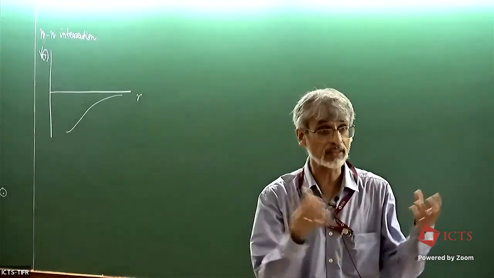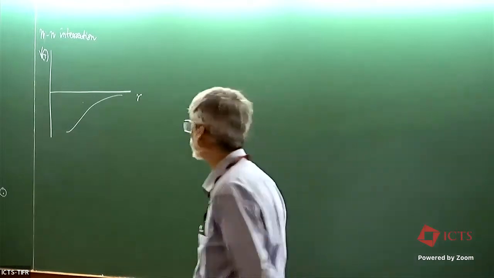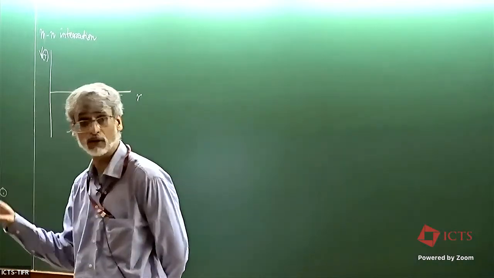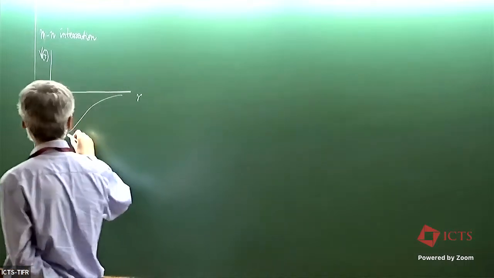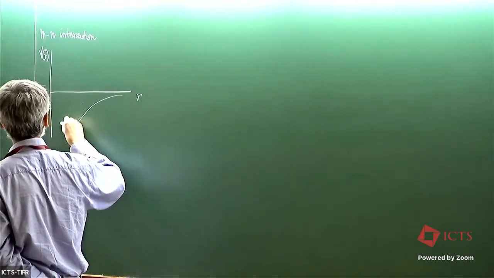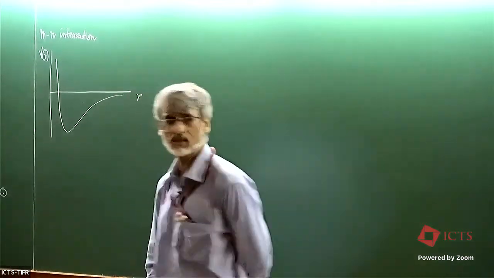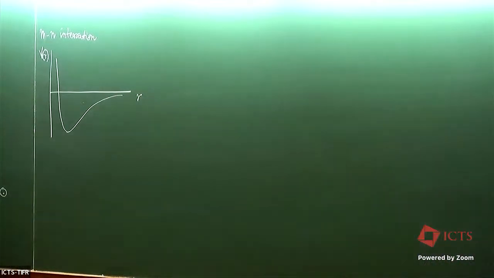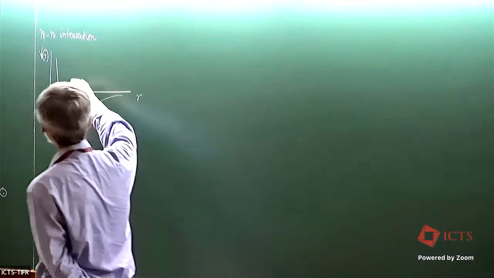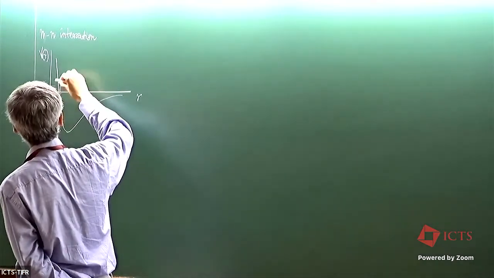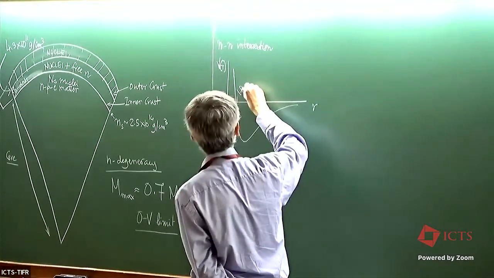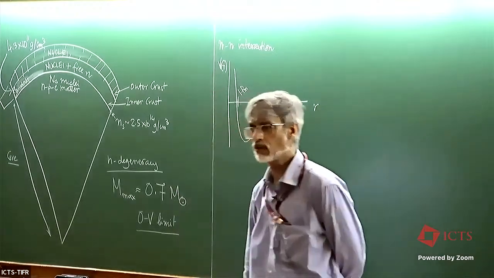The strong interaction is attractive, not at a very long distance because it's a short range force, but it's attractive at longer distances. Then there's a branch which becomes repulsive at short distances. And this occurs at a distance of roughly about 1 Fermi or less.